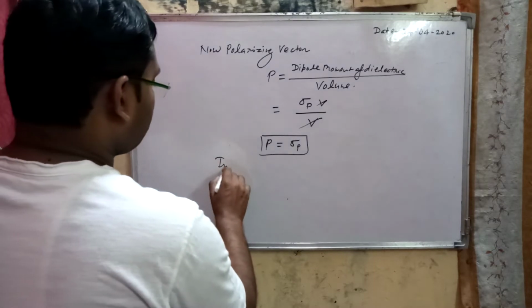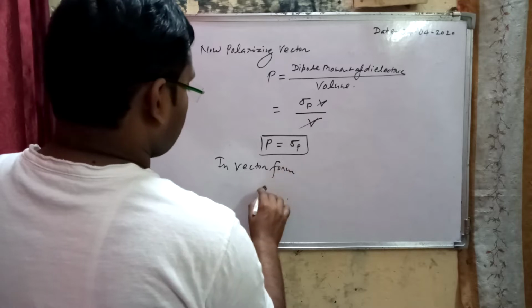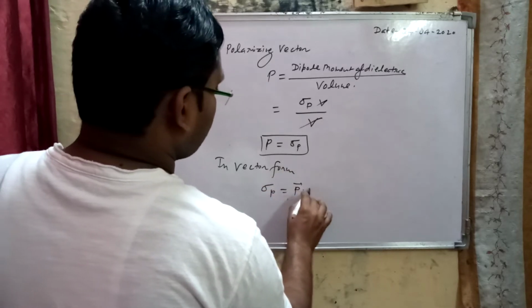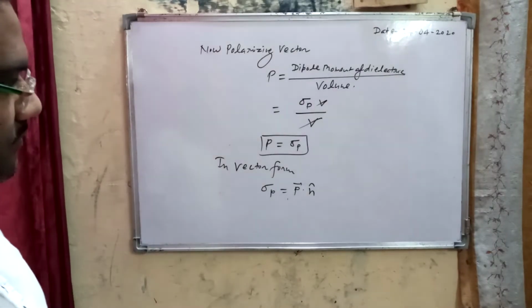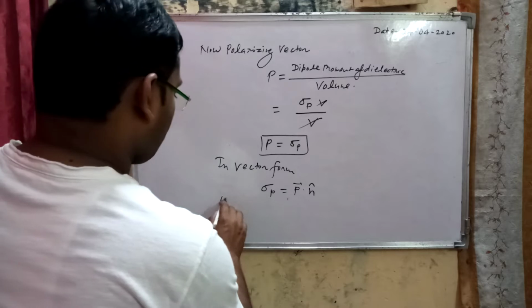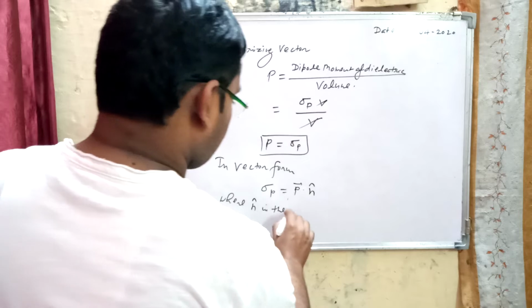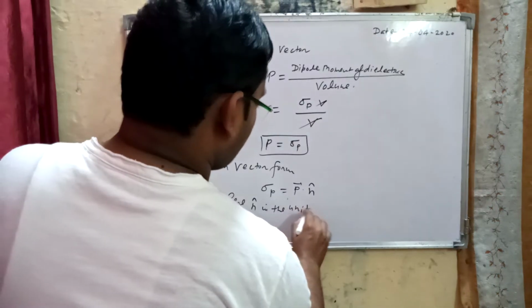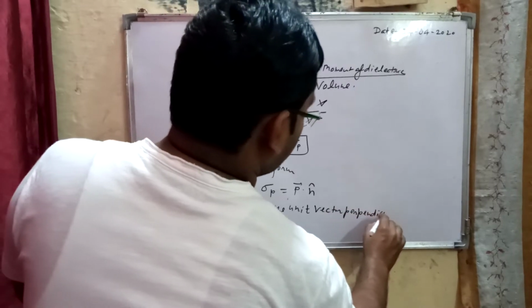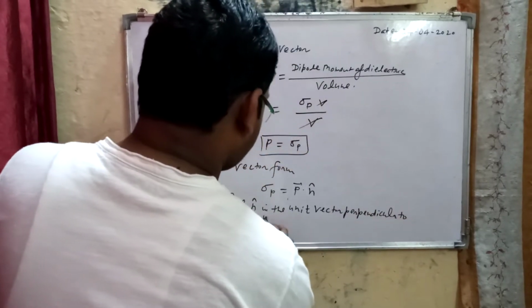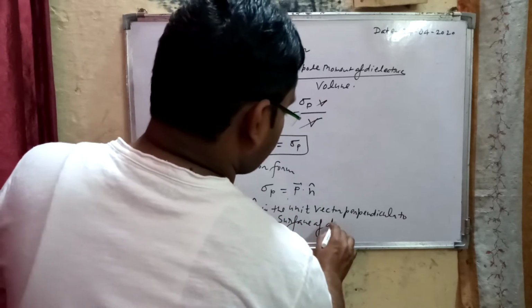Now in vector form, sigma p is equal to vector P dot n cap, where n cap is the unit vector perpendicular to the surface of the dielectric.